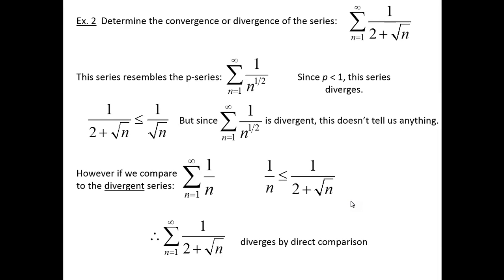Now the next comparison test we're going to use, I think, is actually a little bit easier because you don't always have to come up with these inequalities and these relationships between the series. It's called the limit comparison test. Make sure you write this down. This is an important test we're going to use a lot. Suppose that a sub n is positive and b sub n is positive. This only works for positive series.